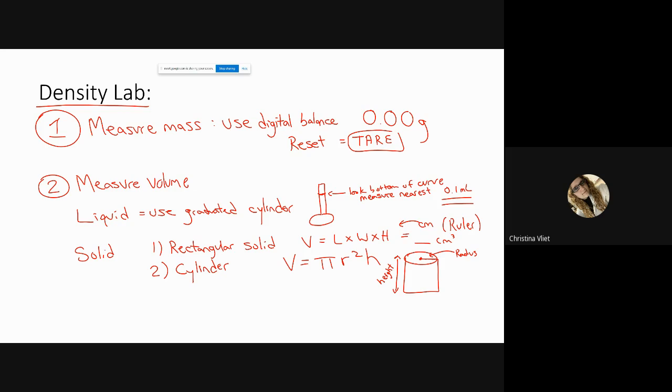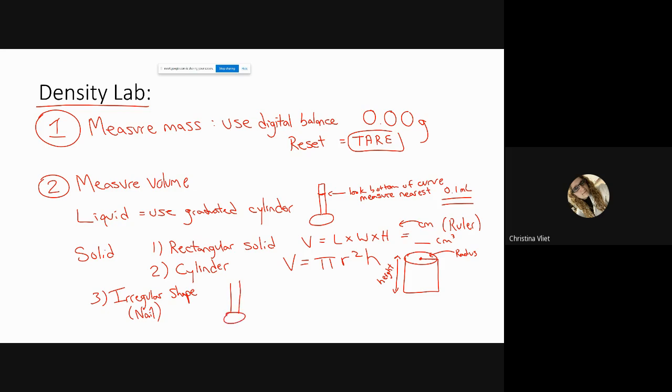Finally, an irregularly shaped object. It's a nail. You're going to have to measure the volume of a nail. That doesn't have a regular shape. So in order to measure the volume of something that doesn't have a regular shape, you use this method.